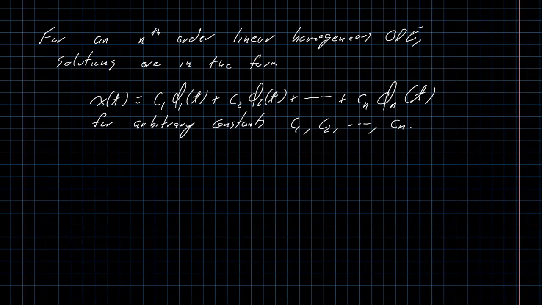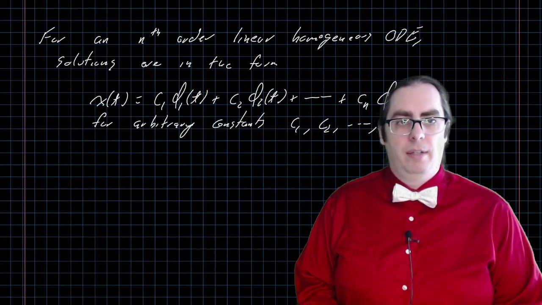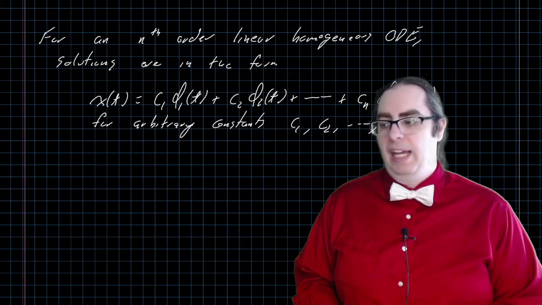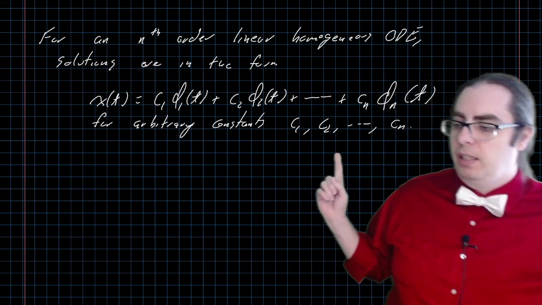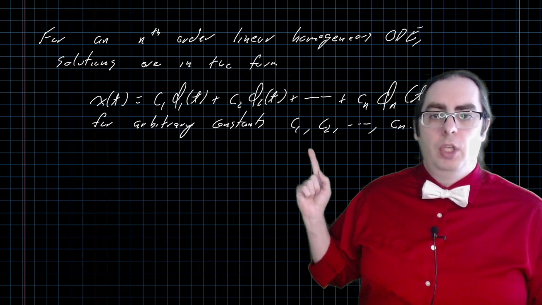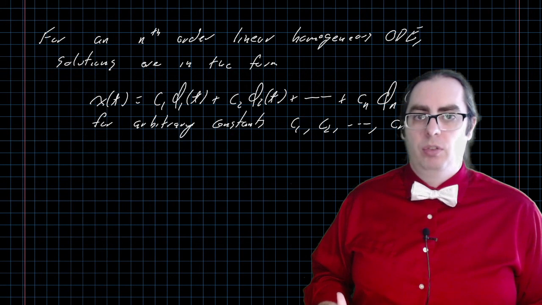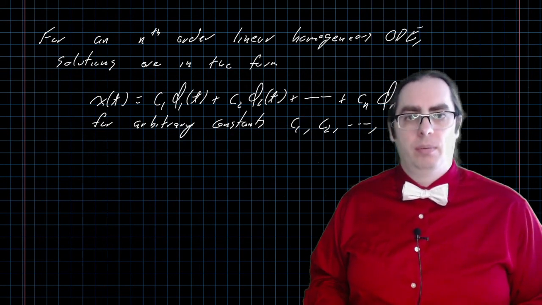Another result out of linear algebra, one that you're probably familiar with already: if you have n unknowns that you want to solve for, you need a system with n equations, one equation for each unknown.